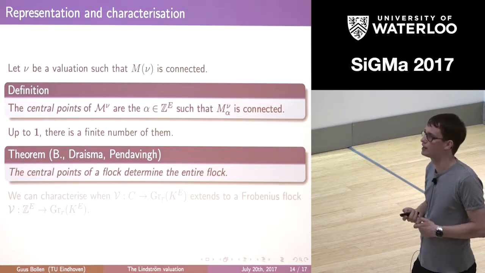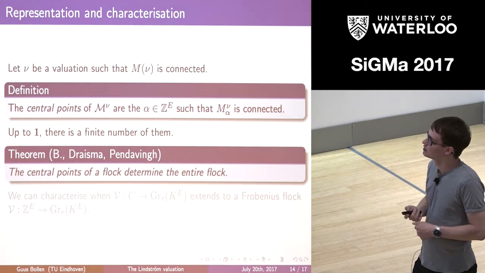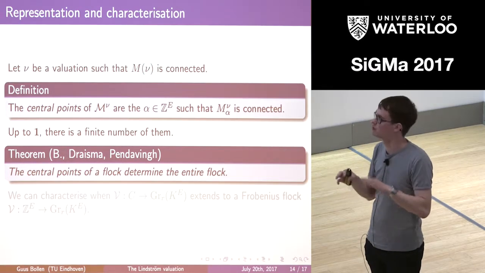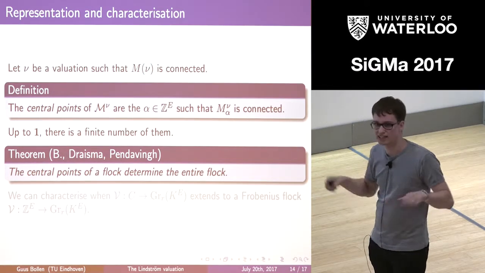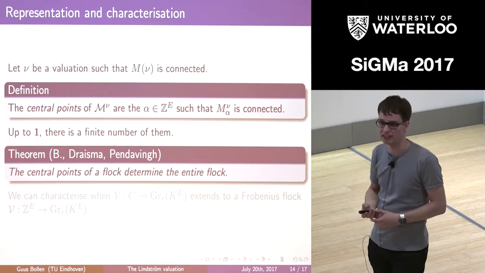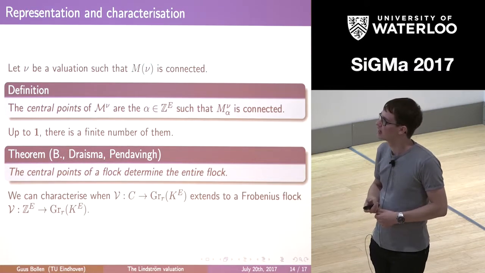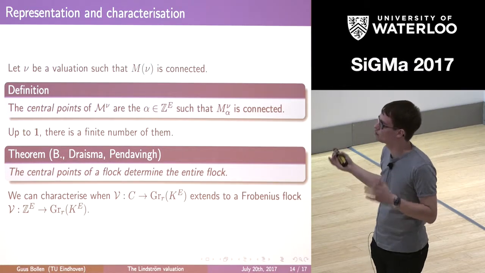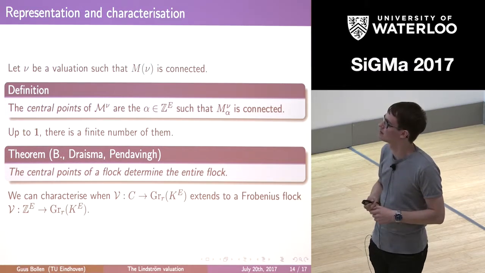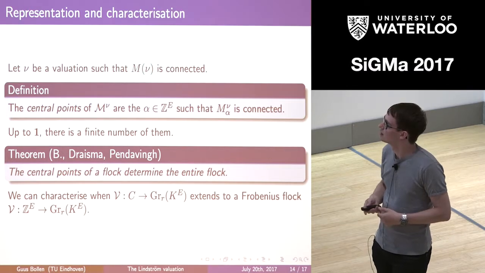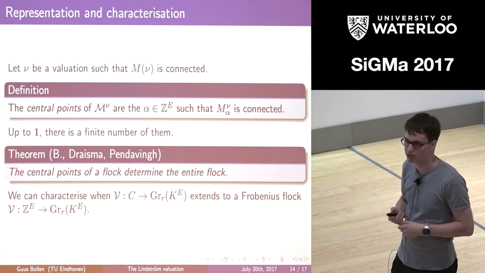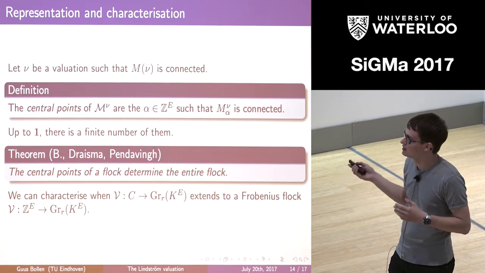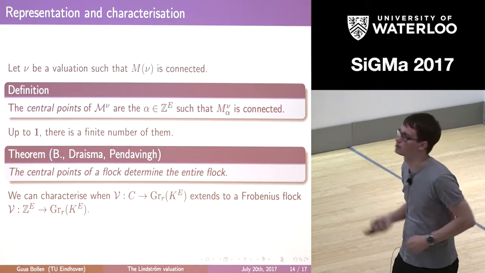So what we've done is first of all prove that if you somehow fill in the central points, then they determine the rest of the flock completely. And we also know a characterization for when exactly this happens. And this gives us extra tools to attack algebraic representability.